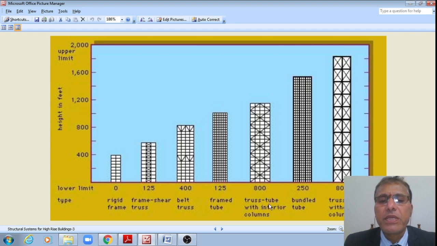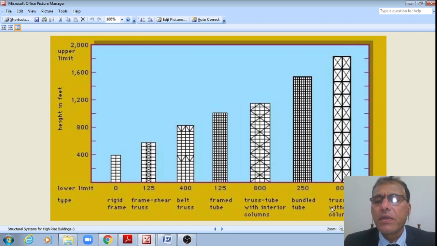And next one is truss tube without interior columns, starting from a minimum of 800 feet, means 80 stories, to a maximum of approximately 1100 feet, means 110 stories height. And next one is bundled tubes, starting from 250 feet, means a 25-story building, to a maximum of approximately 1500 feet, means 150 stories.